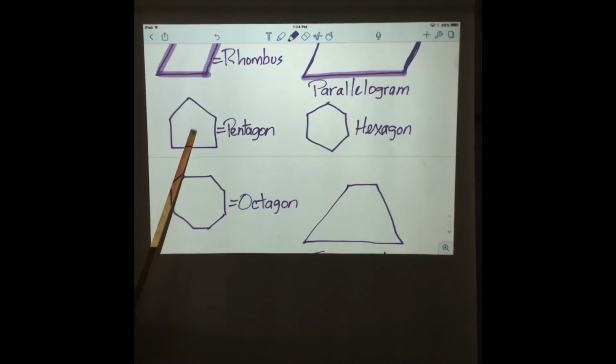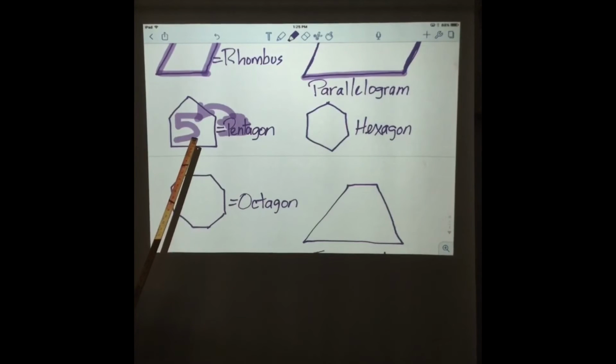Yeah. It is a polygon because it has many sides. How many sides does it have? 5. It has 5. That's what penta means. Penta, 5. Sides. 5 sides. Okay, question. If it's five-sided, would it be a quadrilateral?